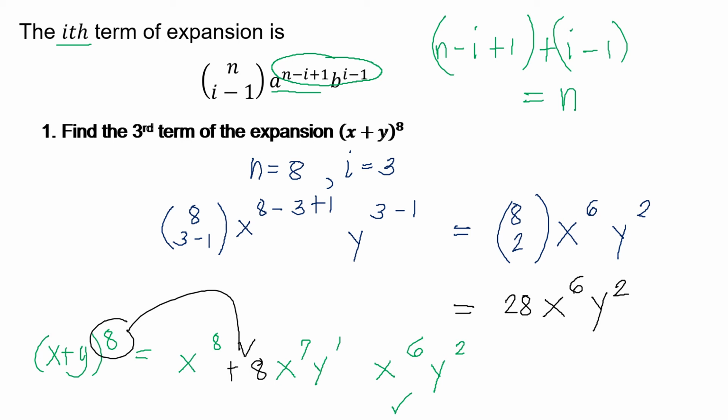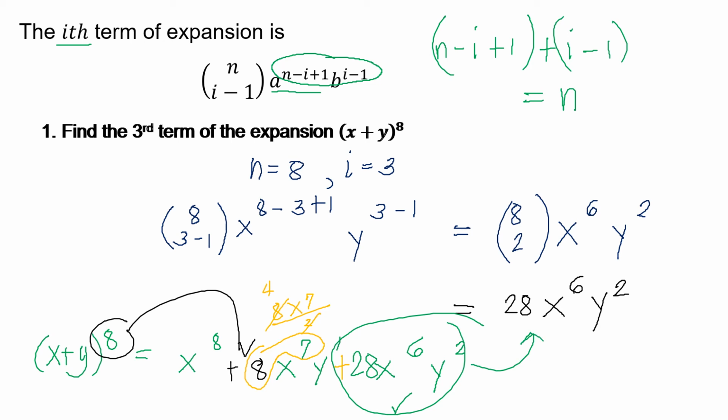To get the numerical coefficient of the third term, you multiply 8 and 7, then divide by 2. 8 and 2 are divisible by 2, so this is 4 times 7, which is 28. So it's proven in the expansion versus the formula. They're just the same.